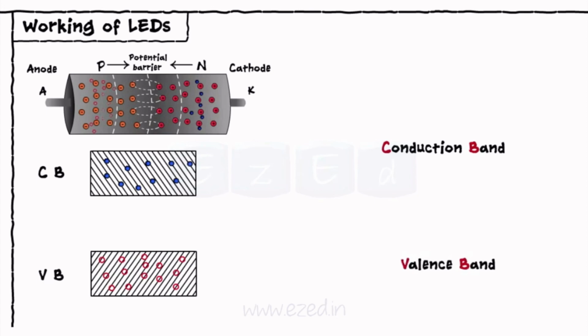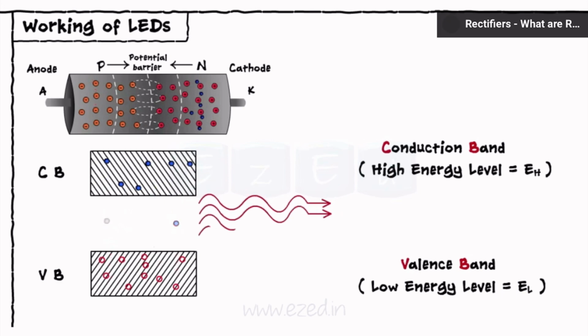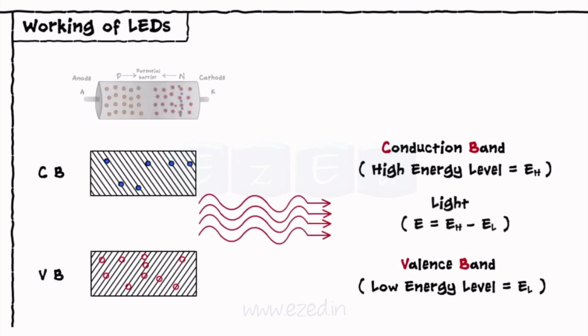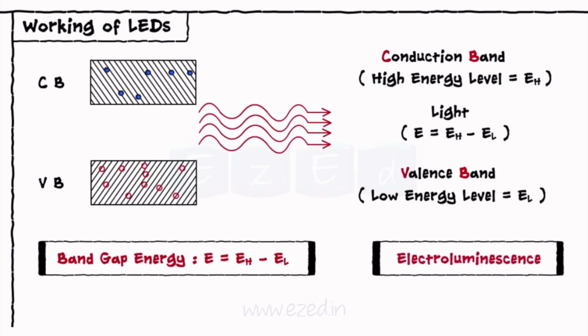As the energies of the conduction band and valence band are different, when electron-hole recombination takes place, the energy equal to the difference between the two energies is radiated in the form of light. This difference is known as the band gap or forbidden gap energy, and the effect is called electroluminescence. This forms the working principle of LEDs.